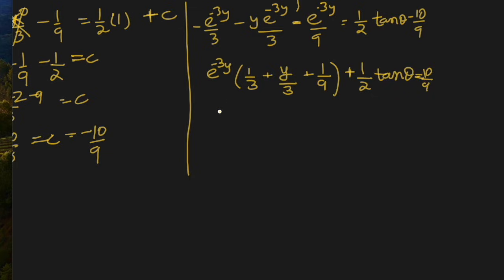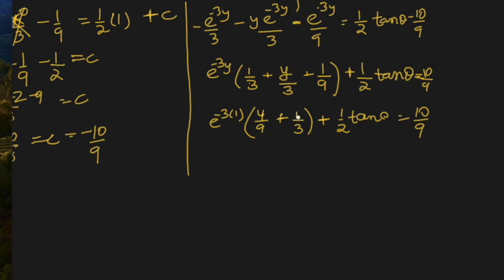So when y is equal to 1, so e to the power 3 times 1, and these two can add, right? 3 plus 1, 4 over 9, plus y over 3, and y is given 1, plus half tan theta equal to 10 over 9.